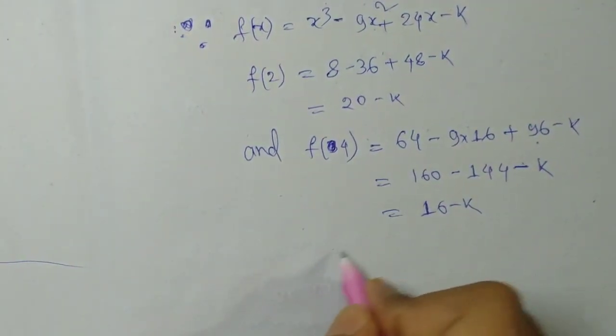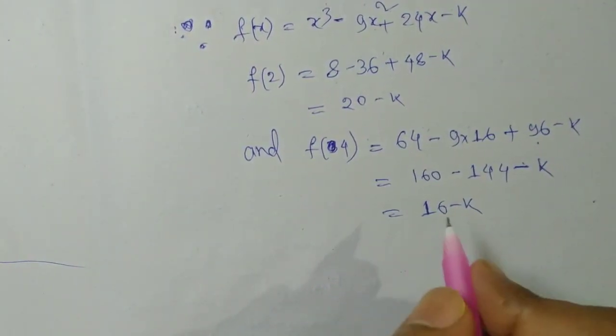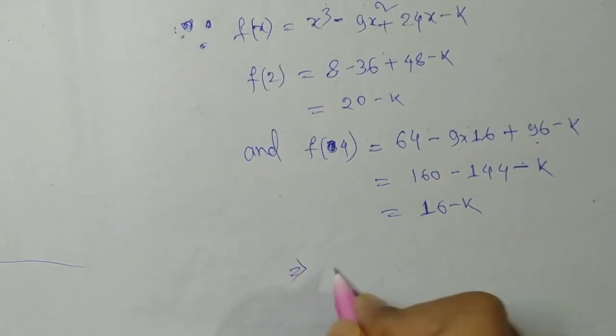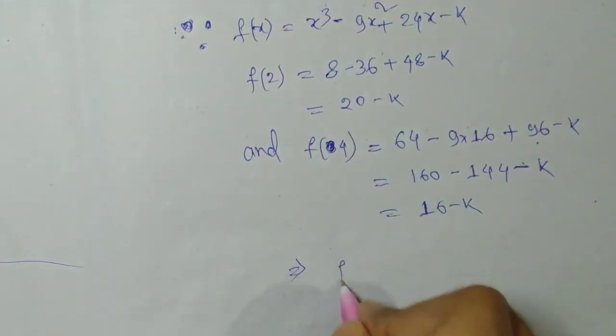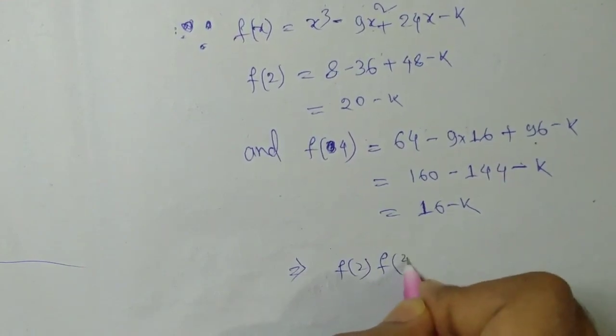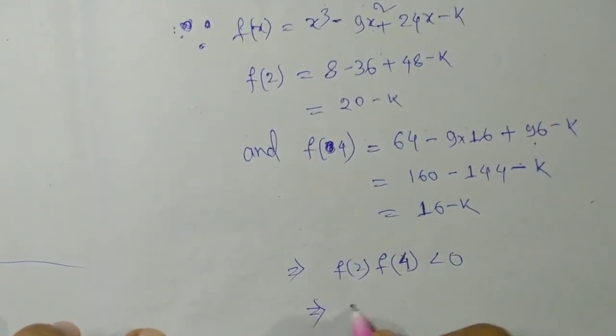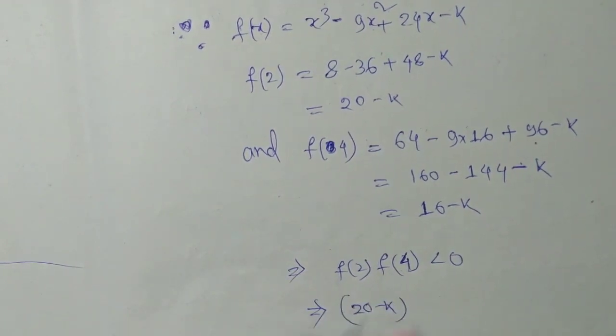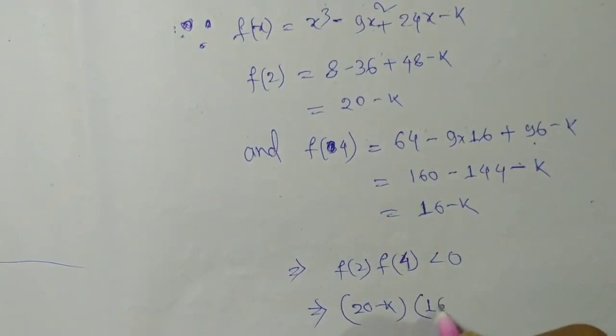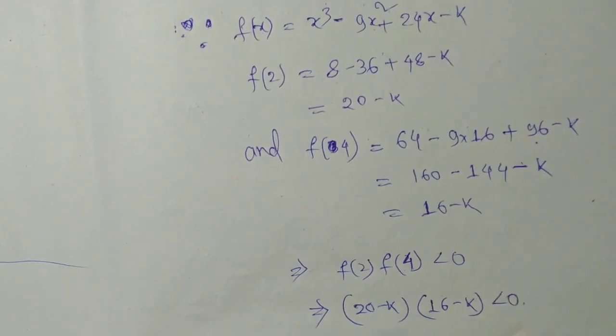So from the result f of a into f of b less than 0, we have f of 2 into f of 4 less than 0. So this will give 20 minus k into 16 minus k less than 0.